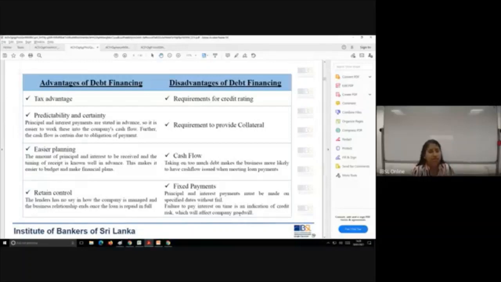That's why they didn't pay the interest on the date that they agreed for. So failure to pay interest on time is an indication of credit risk, and that is going to affect the company goodwill. So you have no leeway, no flexibility. You have to meet that requirement on that day. Okay, so that's a disadvantage when it comes to debt financing.